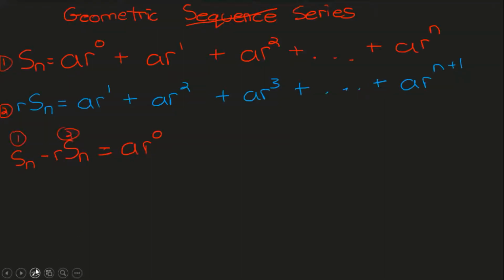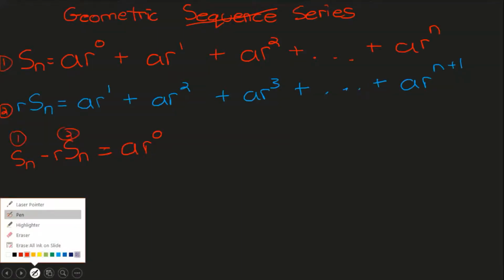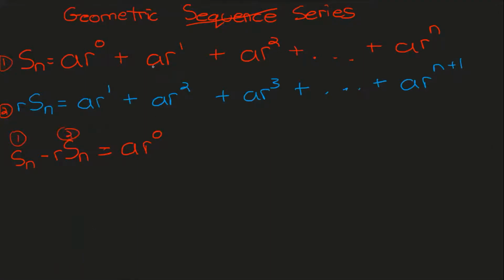And now, going forward, I'm going to subtract, again, the same terms. So if I have a times r to the 1 minus a times r to the 1, well, those cancel out, right? Those cancel out. Conversely, a r squared subtracting a r squared, well, they're going to cancel as well.